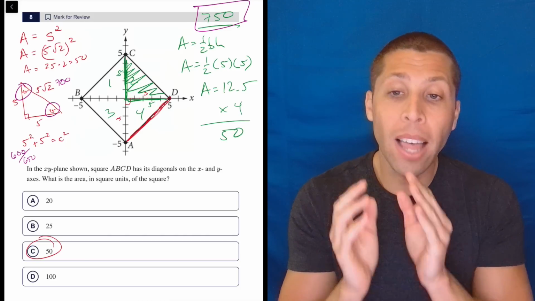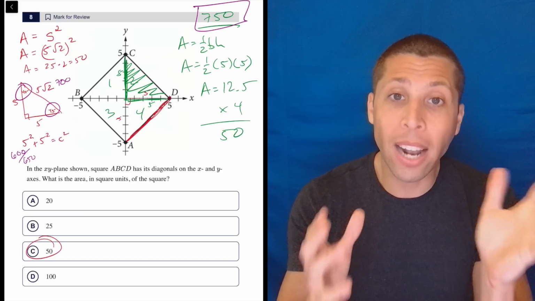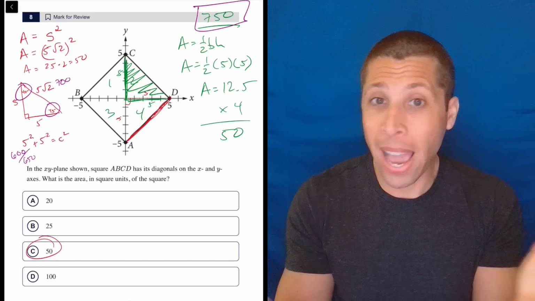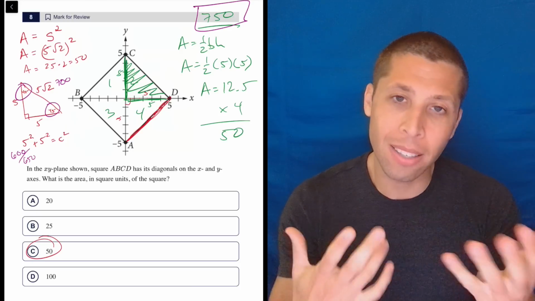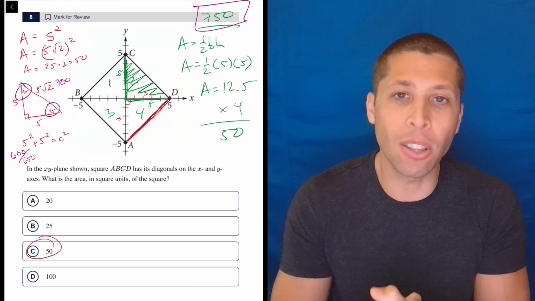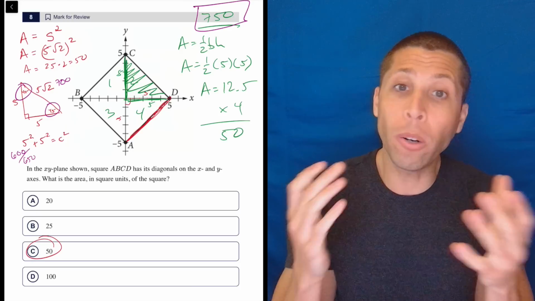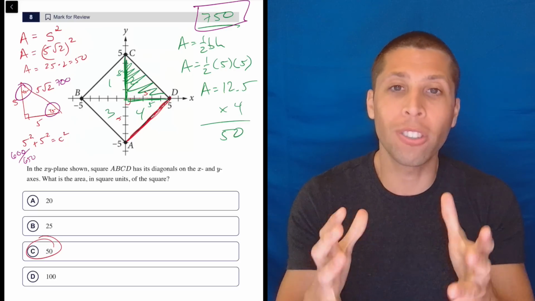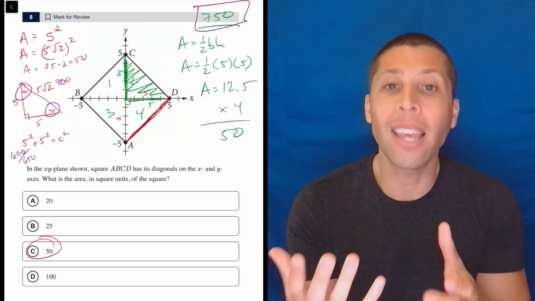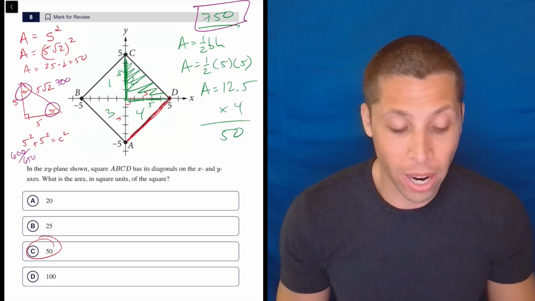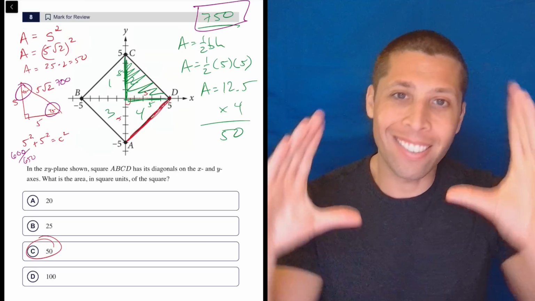Recognizing that finding the length of that hypotenuse, that side of the square, is kind of a pain. And it's risky, right? I mean, we can do it, but it's not the easiest thing in the world. So what are we trying to do? We're trying to find the least mathematically difficult way of getting something that's kind of annoying. This square is annoying because it's tilted, right?